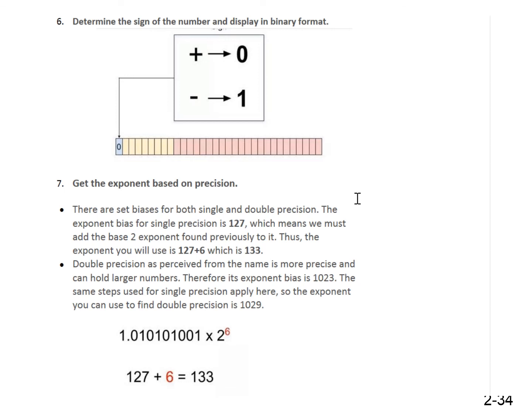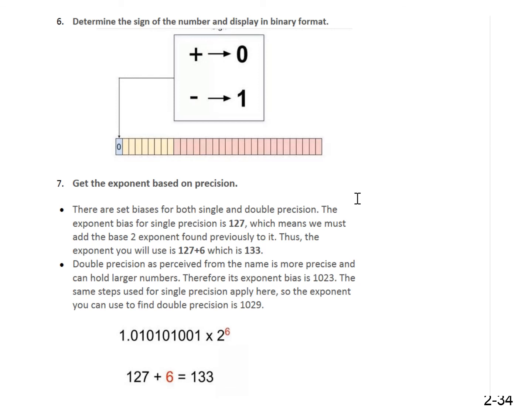They did not. For various reasons, they decided to use a bias. And the bias gets added to the exponent. The bias for an 8-bit exponent is 127. With 8 bits, we can represent 128 numbers, 0 to 127.